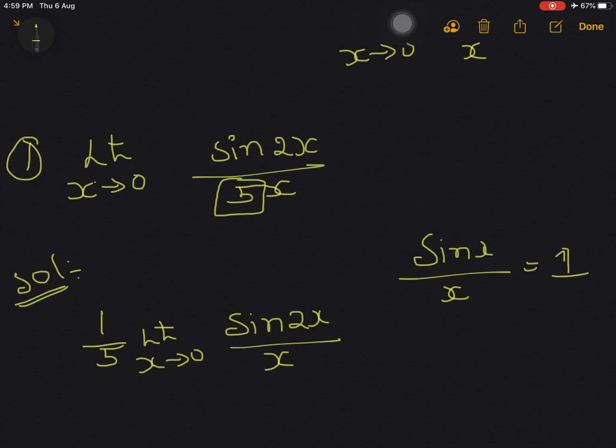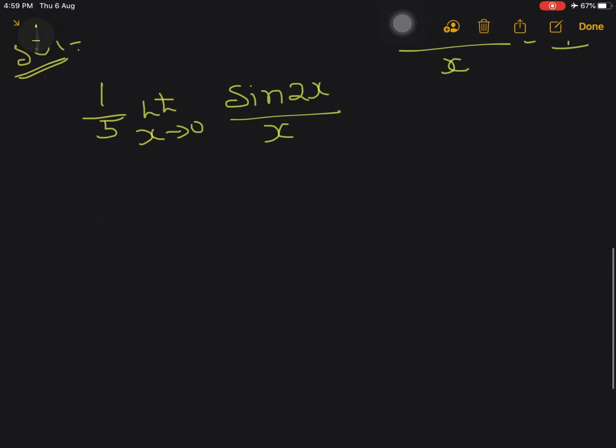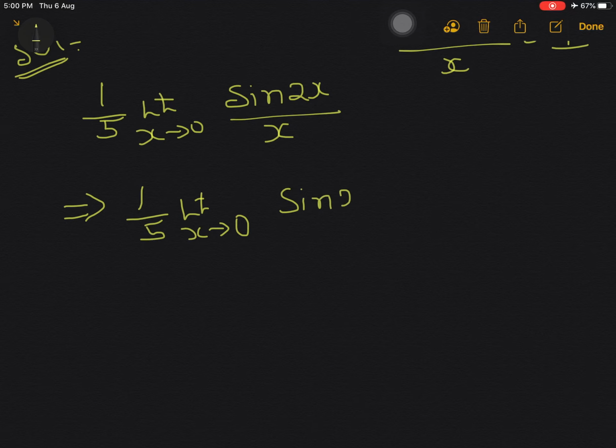Here it is in the form of sin 2x by x. If we bring the denominator in the form of 2x, then the limit is equal to 1. So, along with that 1 by 5, we multiply numerator and denominator with 2: sin of 2x into 2 divided by 2 of x.